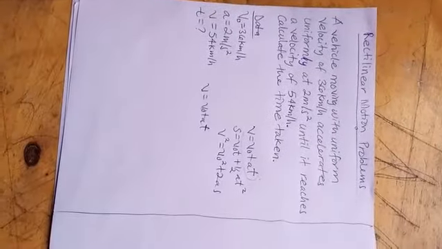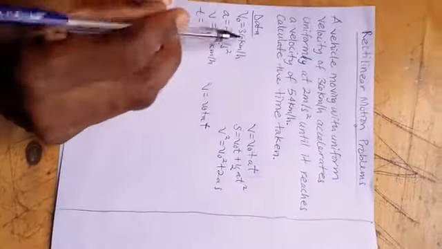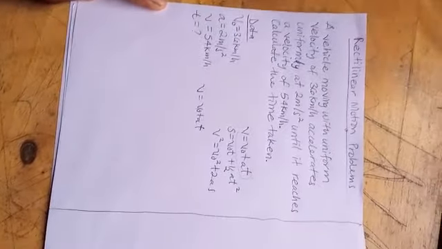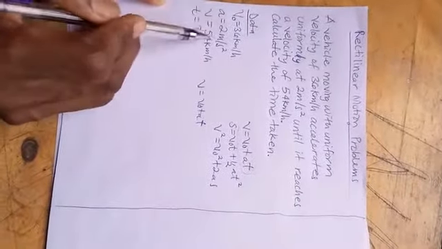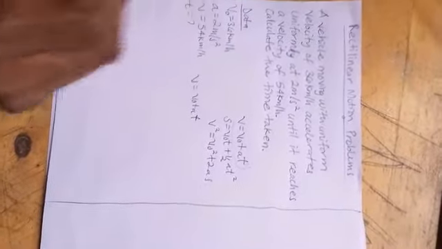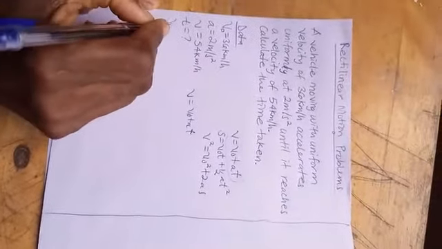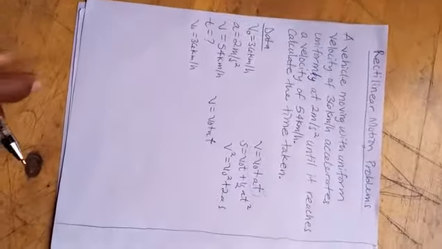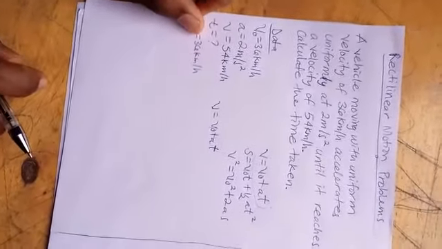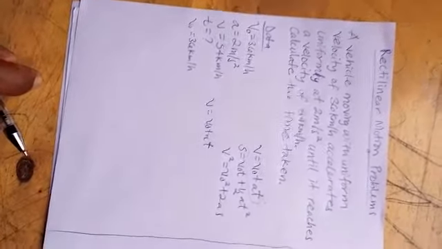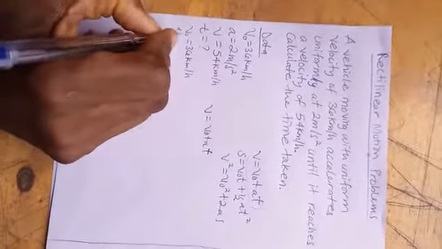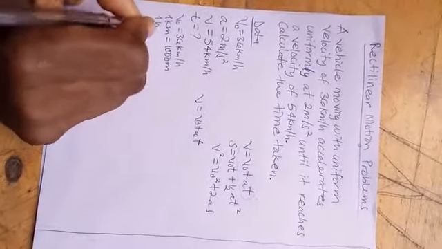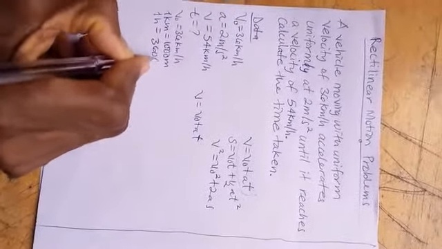One thing we observe here is the two velocities are in km per hour, and acceleration is in meters per second square. So to solve this problem, we convert these two velocities to meters per second. That begins with v naught, 36 km per hour. To do that, we establish a conversion factor: 1 km is equal to 1,000 meters, and 1 hour is equal to 3,600 seconds.